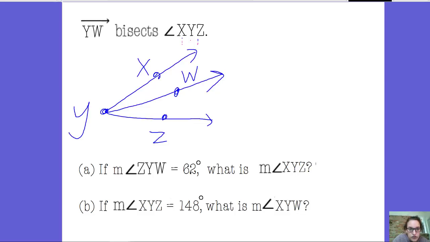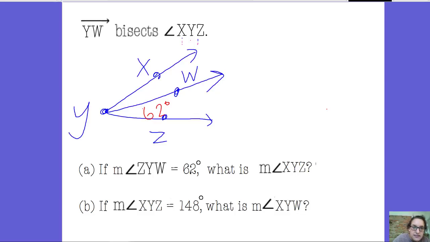In the first situation, part A, if the measure of angle ZYW, this is ZYW right here, is 62 degrees, what is the measure of angle XYZ? XYZ is the whole enchilada. Ray YW is bisecting that angle.